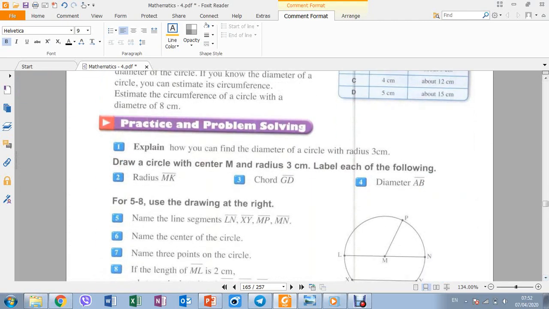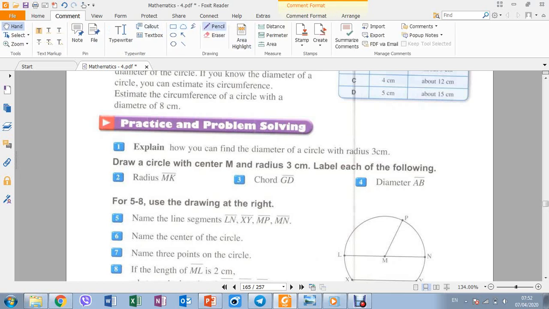Now in this model, number 2, 3, and 4 tell us what? Draw a circle with center M and radius 3.